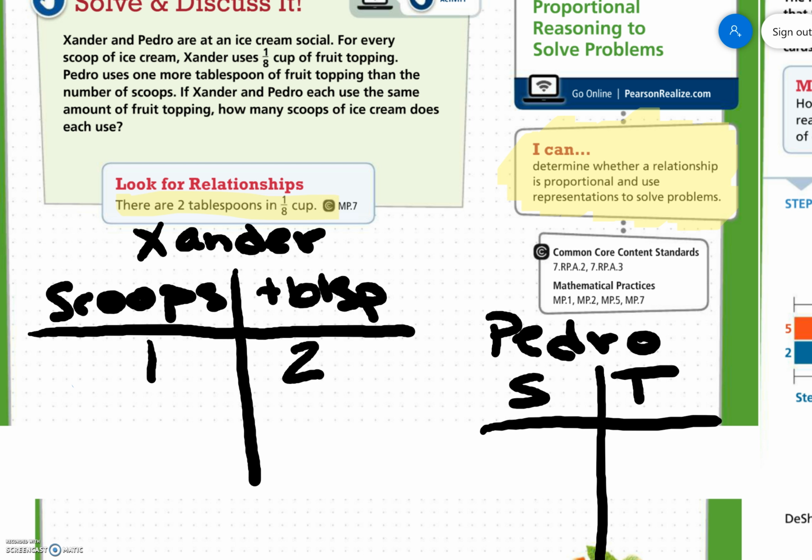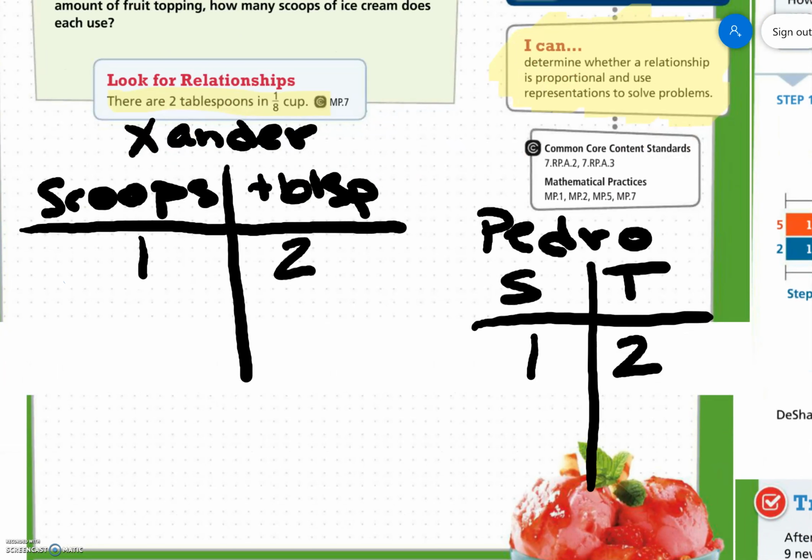If Pedro does 1 scoop of ice cream, he'll use 2 tablespoons of fruit. So then Xander will use 2 scoops, will be 4. Pedro's 2 scoops will be 3.